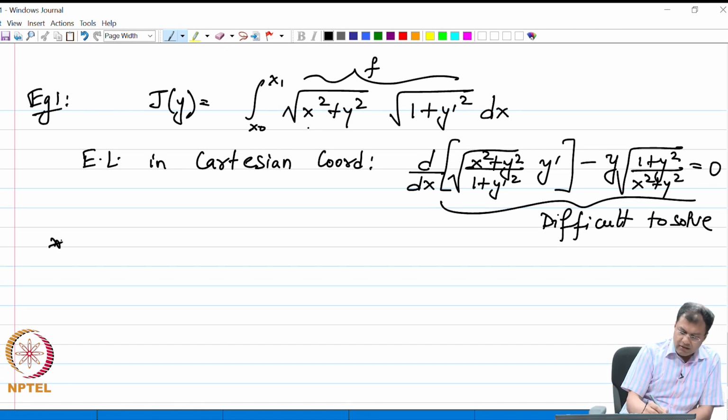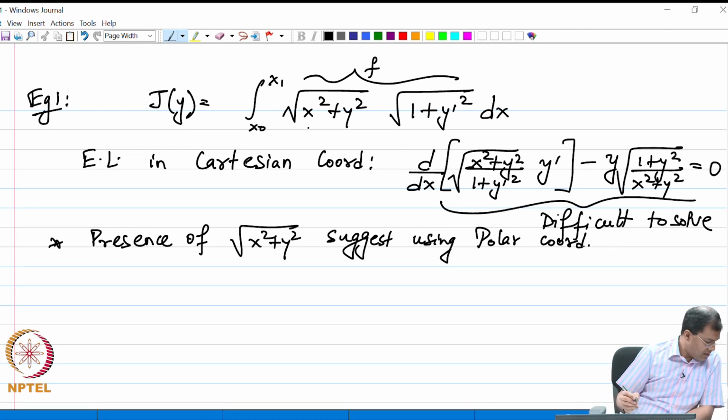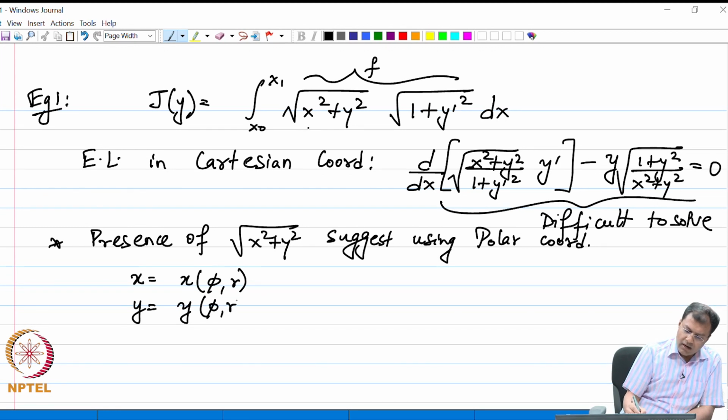So, what I just said is the presence of square root of x square plus y square suggests using polar coordinates, or x is equal to x of phi comma r and y is equal to y of phi comma r, right.